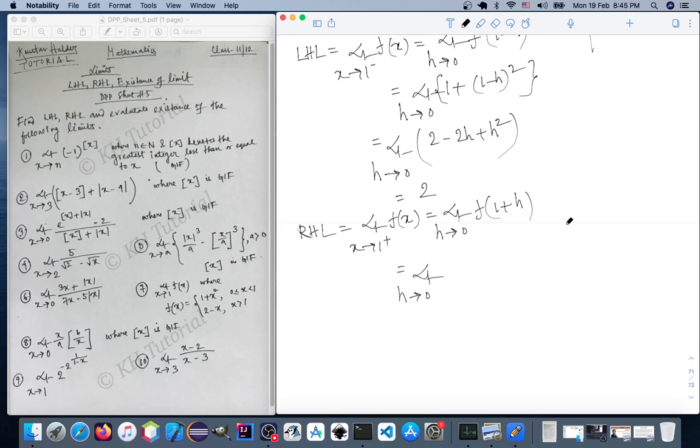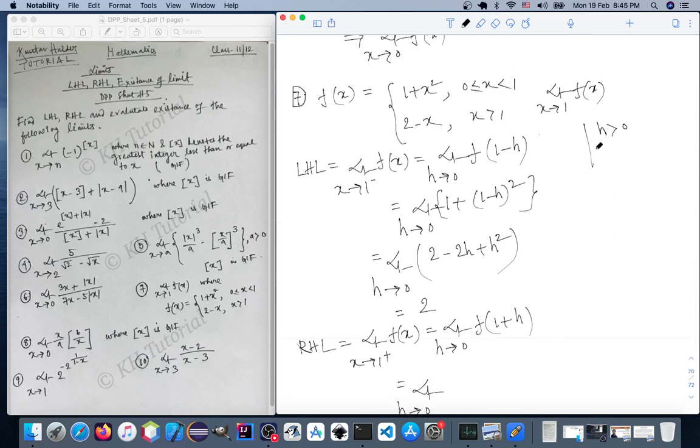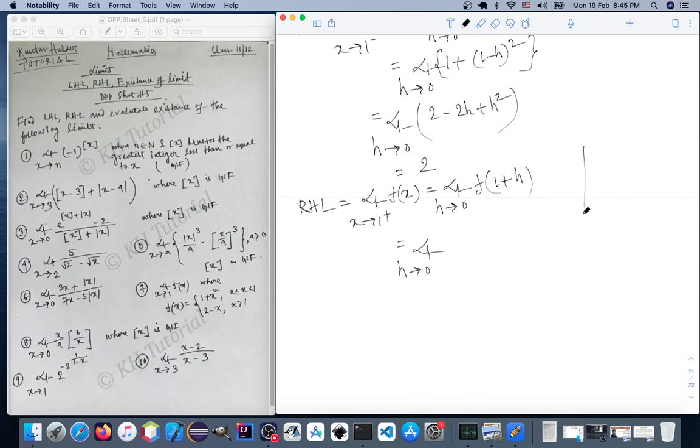Now here h greater than 0 implies 1 plus h is greater than 1.